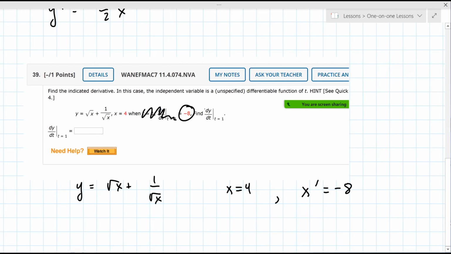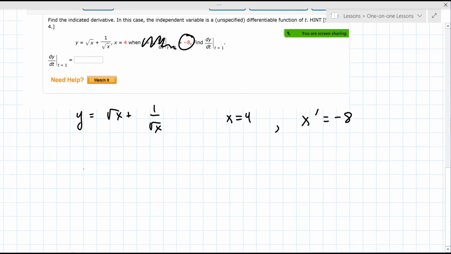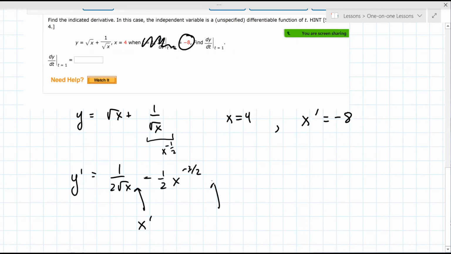So you're supposed to take the derivative of this thing, y prime. Y prime is 1 over 2 square root of x. This is really x to the minus 1/2. So it's minus 1/2 x to the minus 3/2. But here's the thing that's a little bit extra. Whenever you take a derivative with x, there's an x prime here and there's an x prime here.